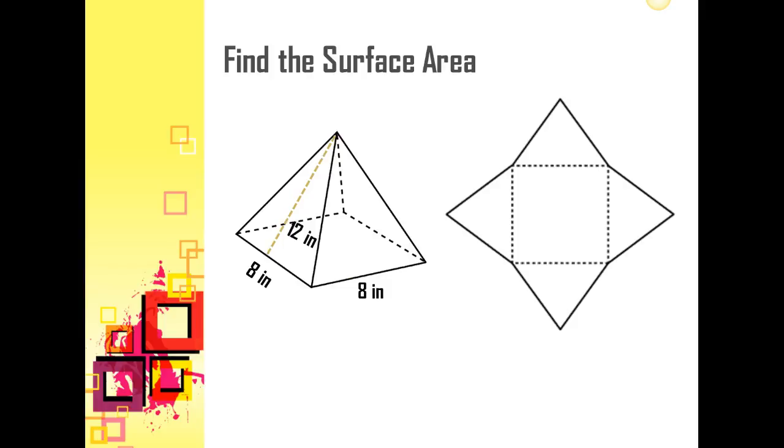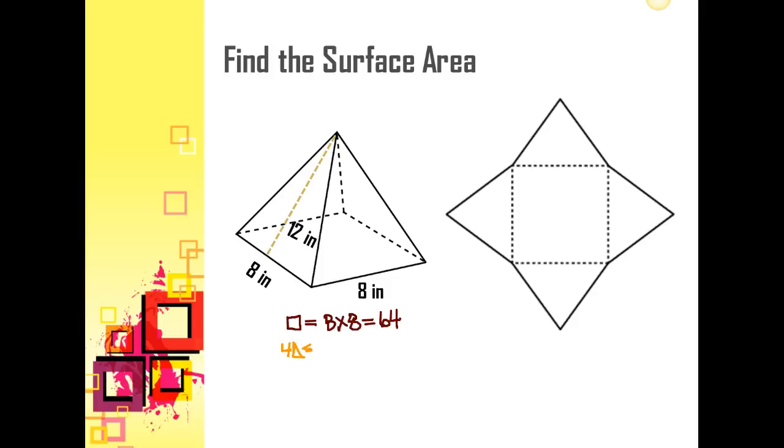Of course, the net is just a tool, and some of you might prefer to find the surface area without using the net. We can always just think of what shapes make up the pyramid, find their areas, and add the pieces together. We know that we have a square base, and the square is 8 by 8, or 64 inches squared. We also know that there are four triangles.